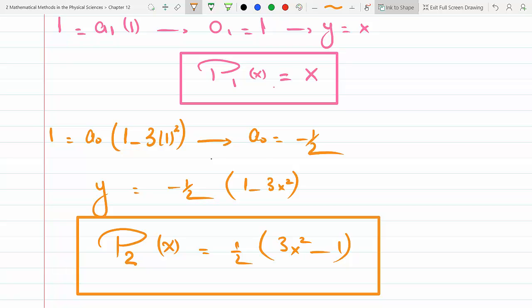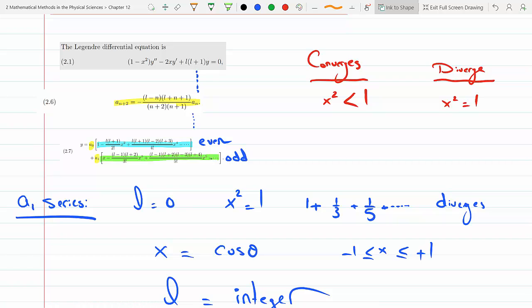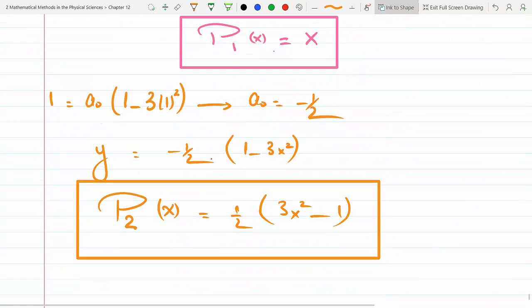That's why that differential equation is called the Legendre differential equation, because the coefficients for the solutions that we obtain generate these Legendre polynomials when you take all the integer values of L, from 0 up to whatever. So this is what you're doing in that question.